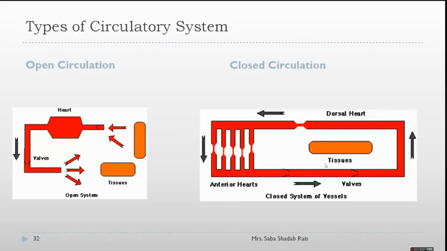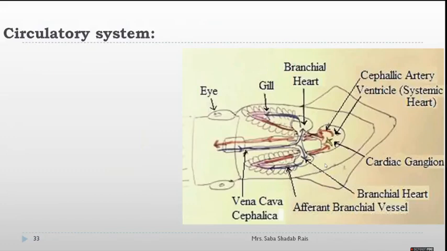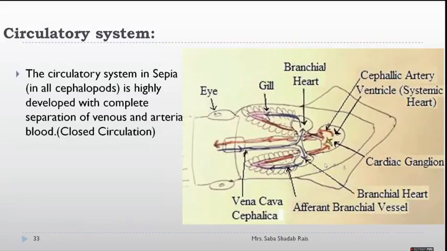Let us talk on today's main topic, that is circulation in the sepia. When we talk about the circulation in the sepia, as we have learned the two types, sepia belongs to the closed circulatory system category. The circulatory system is advanced, or you can say complete, in the sepia.